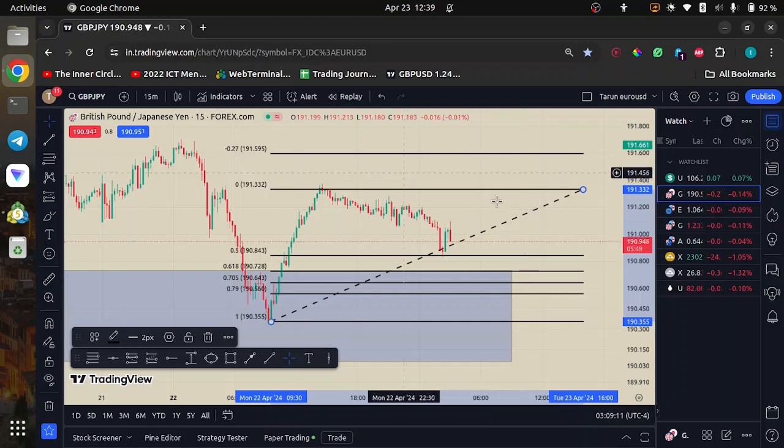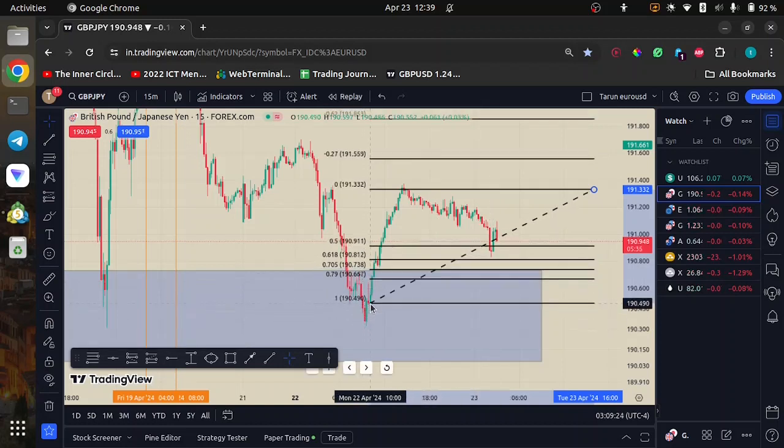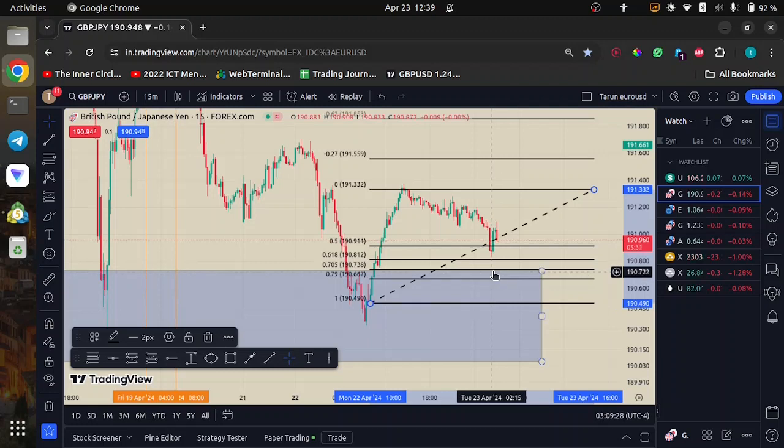Let's see what happens. This level I have taken. On this level I have taken TP1. Let's see.